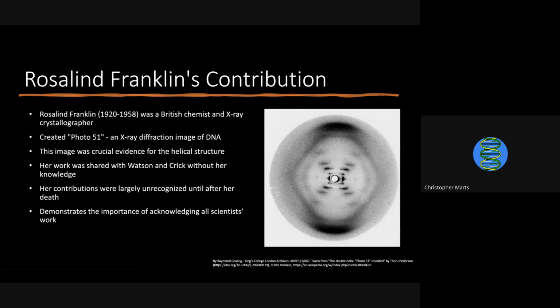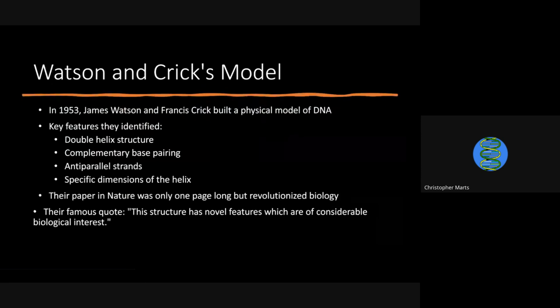So Rosalind Franklin didn't really get any acknowledgement for her work until well after she died. Part of the reason she didn't get a Nobel Prize for it, she didn't know about it, and they don't give Nobel Prizes posthumously, so it was too late. But her work at least let them identify that structure.